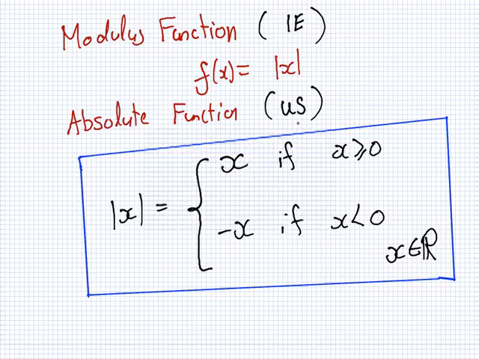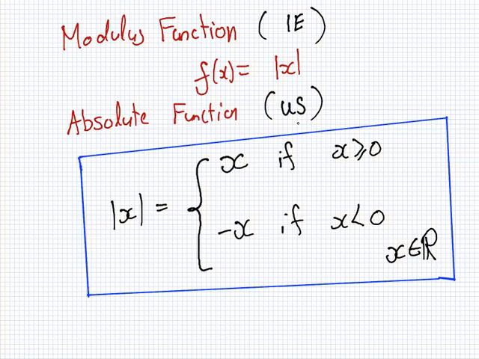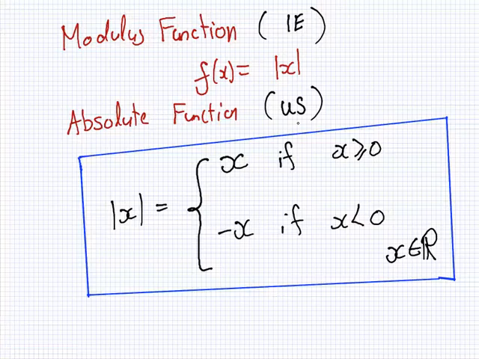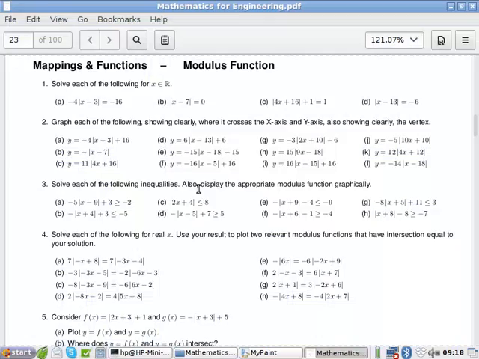Next, I probably want to look at how to solve these. Maybe we'll take an example. So how to work with these. Well, actually, before we do, one thing you need to know.